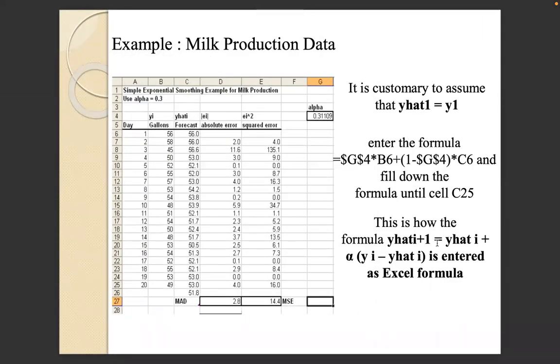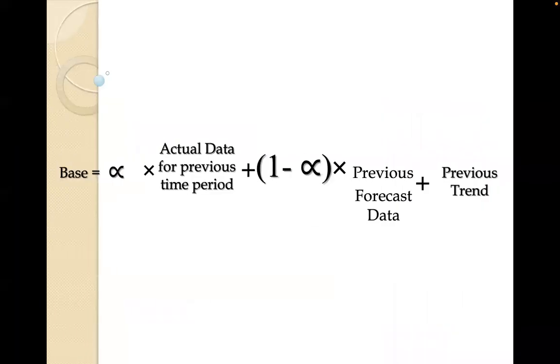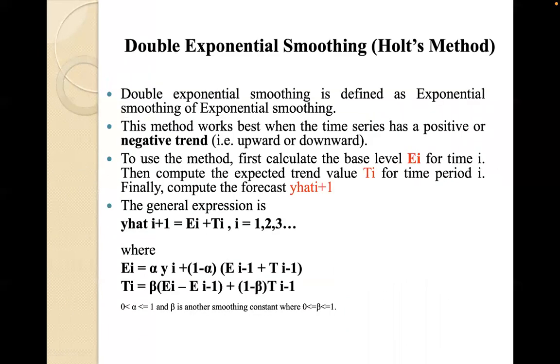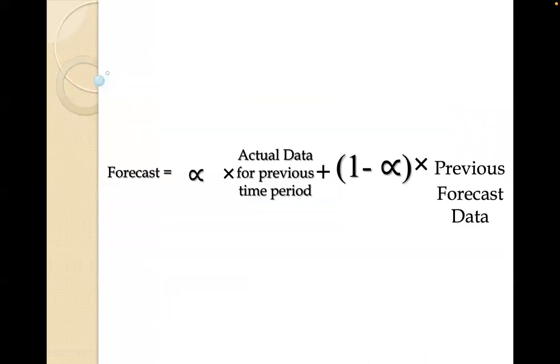Since this is a technical formula, I just changed it into a verbal formula, into wordings, right? This is how you can forecast based on single exponential smoothing.